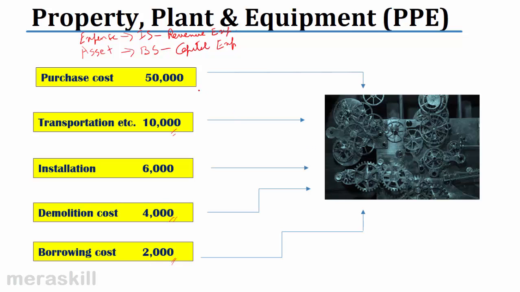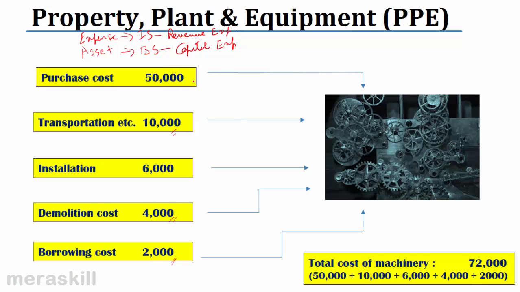So now, though my original invoice just said machinery cost was 50,000, look at my cost. It has become 50,000 plus 10,000 transportation cost, the cost of installing the machinery, the cost of demolition of a structure so that the machinery could be properly installed, and also the borrowing costs paid till such time as the machinery is put to use.